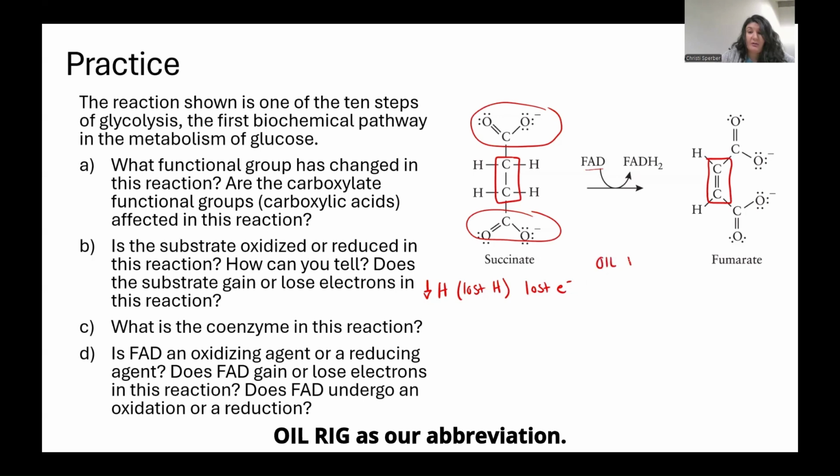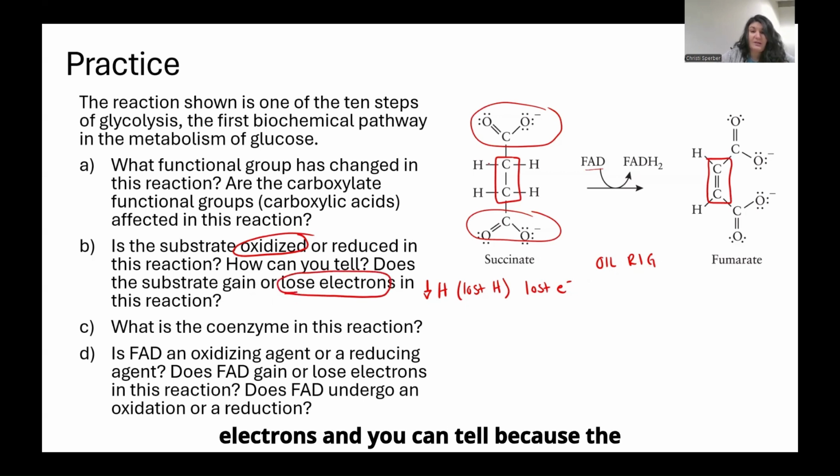Knowing OIL RIG as our abbreviation, oxidation is loss of electrons. Reduction is gain of electrons. So since it lost electrons, it was oxidized. And you can tell because the hydrogens are gone. What is the coenzyme in this reaction? It's the FAD. Remember, coenzymes are on top of the curved arrows.